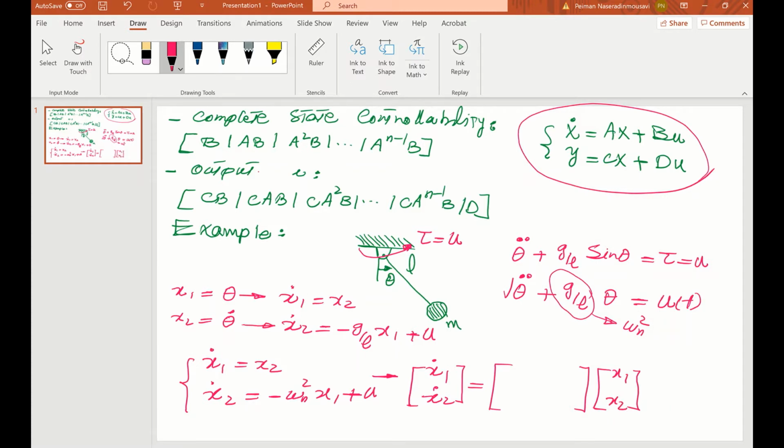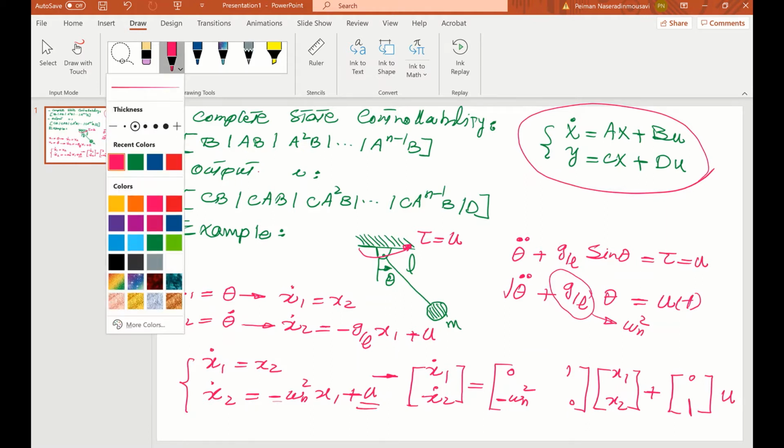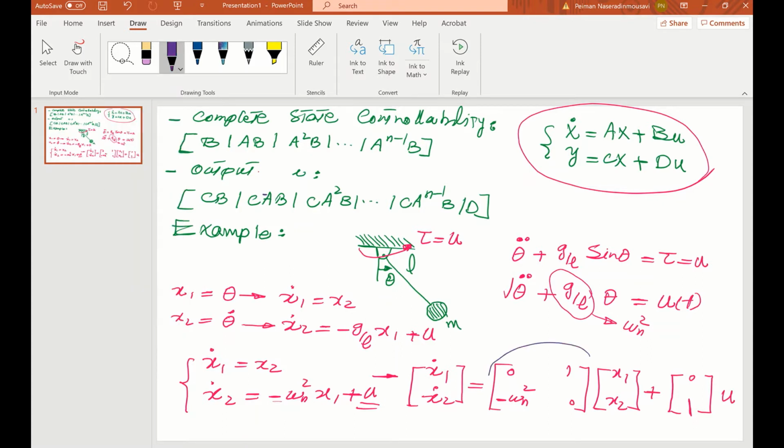In the first line you have no x1, so it's 0, and you have x2 with coefficient 1. In the second line you have minus omega n squared for x1 and no x2, so 0, plus Bu, because it's a single input single output, so we have 0 and 1 times u. Understand? This is your A matrix, and this is your B matrix or vector B.